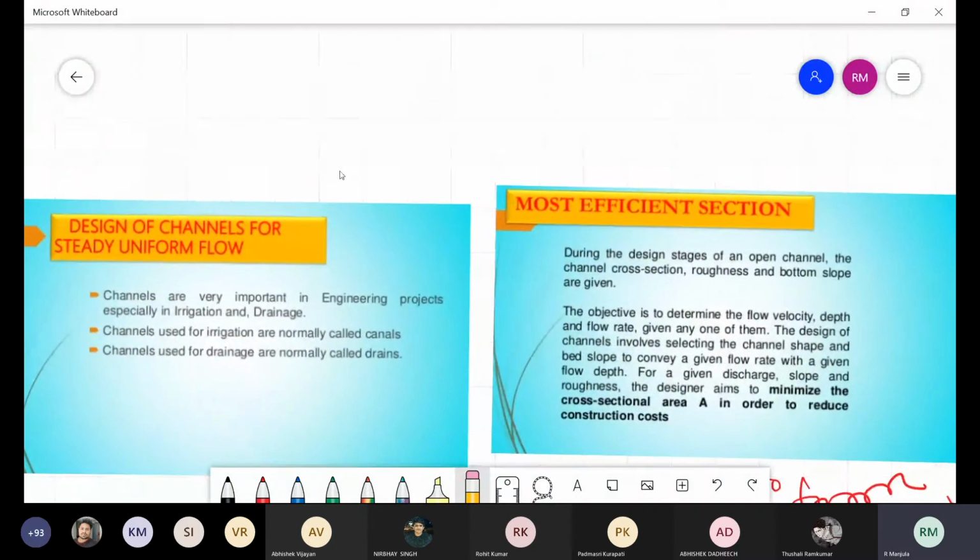So what kind of channels are used for the design actually? Channels are very much important in engineering projects, especially in irrigation and drainage engineering. Channels which are used for irrigation are usually called canals.